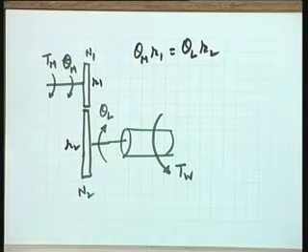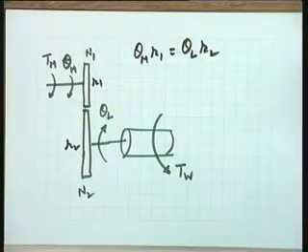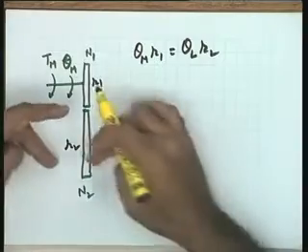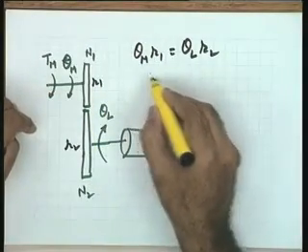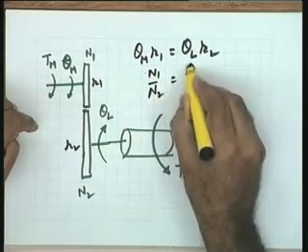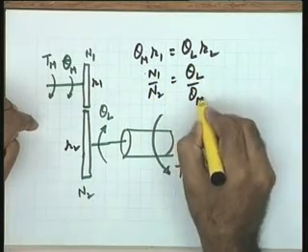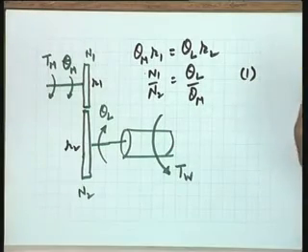same. Assuming that R1 and N1 are proportional, naturally they will be, R2 and N2 are proportional. In that particular case, I am writing N1 by N2 equal to theta L by theta m. This I term as my first basic equation.